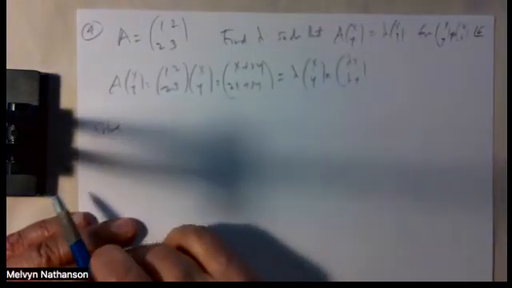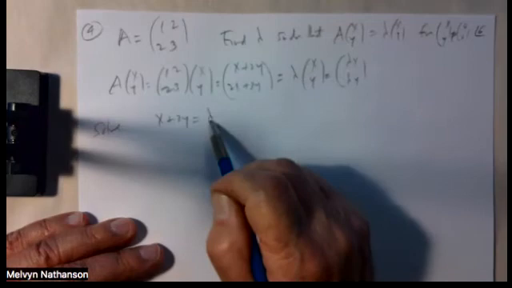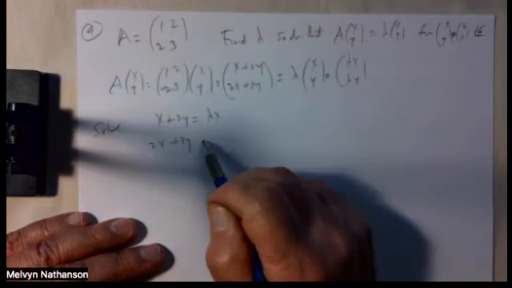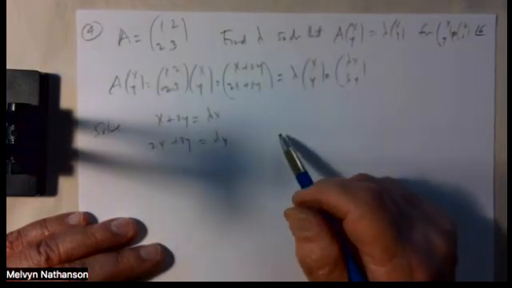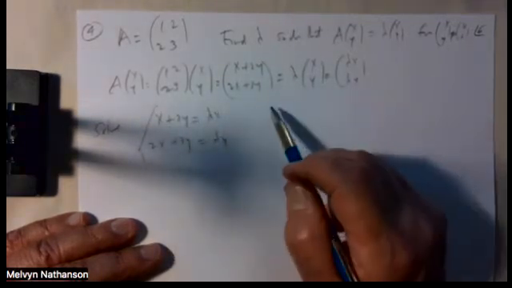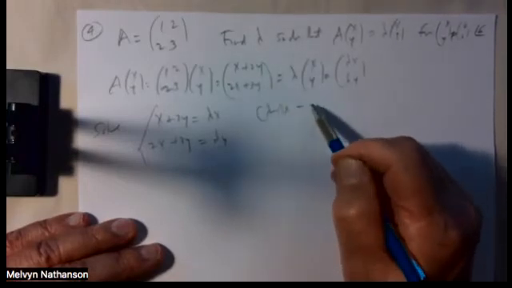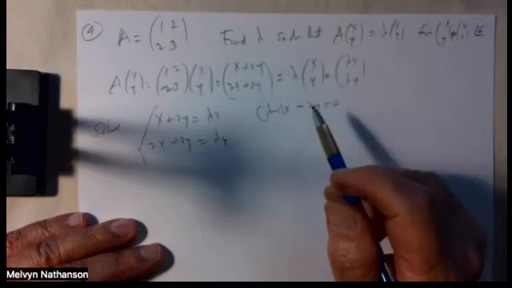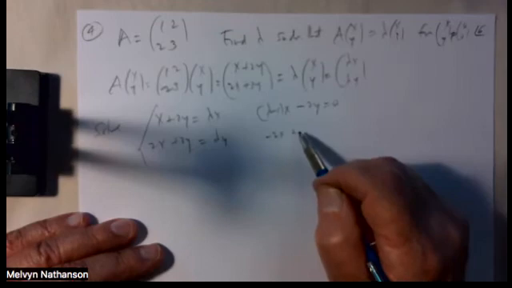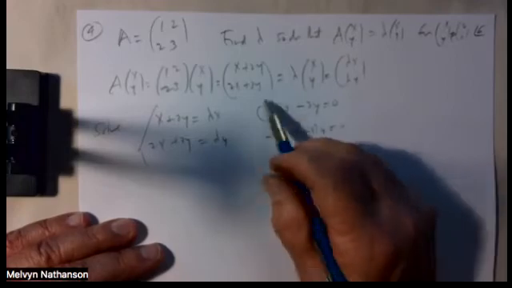So we have to solve some equations. x plus 2y equals lambda x. 2x plus 3y equals lambda y. This is the same as saying, I put everything on one side: lambda minus 1 times x, minus 2y equals 0, and minus 2x plus lambda minus 3 times y equals 0.